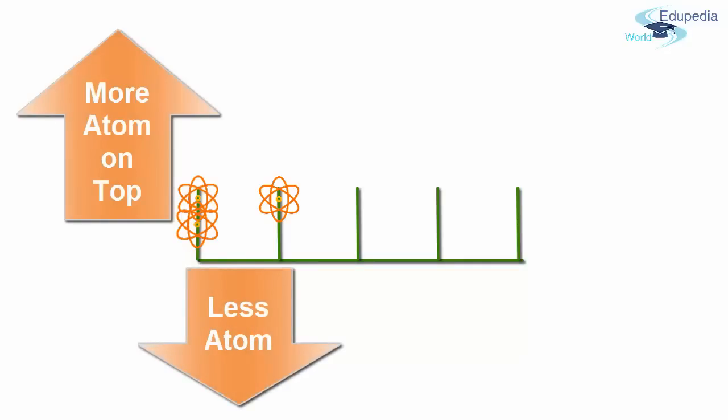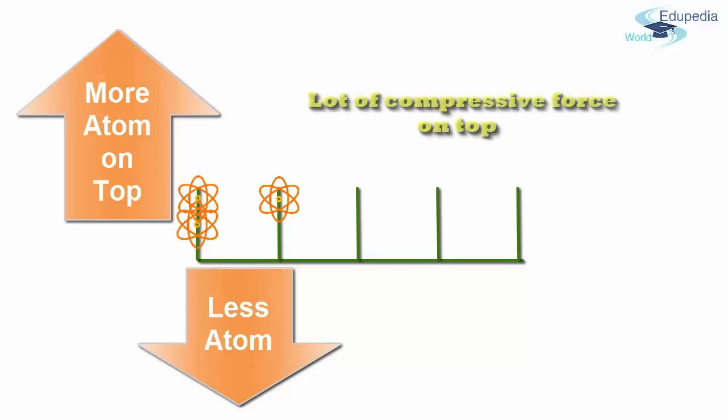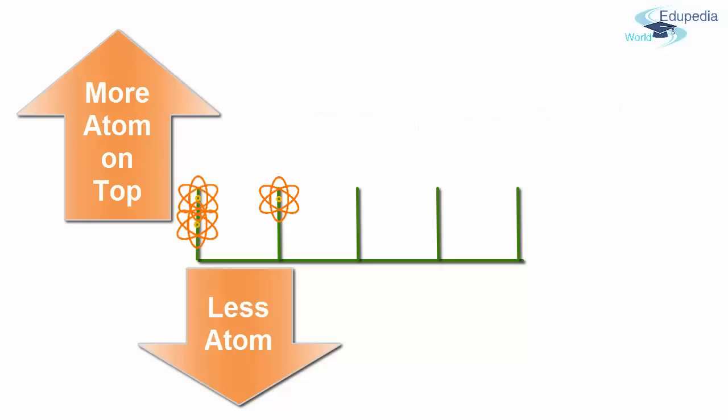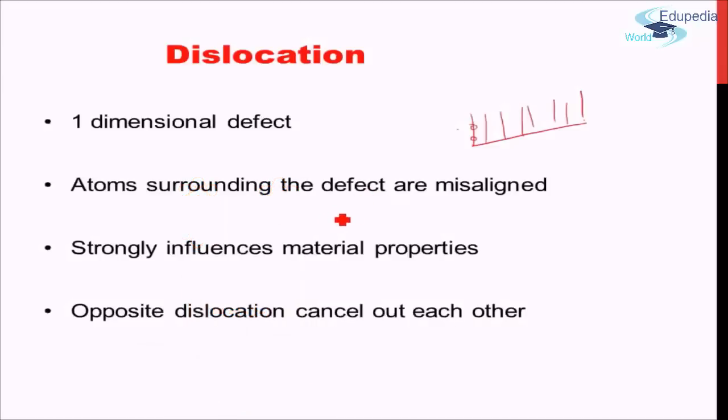Therefore more atoms have to be squeezed at the top, whereas fewer atoms have to be squeezed at the bottom. So there is a lot of compressive force at the top where there is an extra plane of atoms, whereas there is tensile stress where there is absence of the plane of atoms, right? This means that the atoms surrounding the defect are misaligned from their ideal positions.